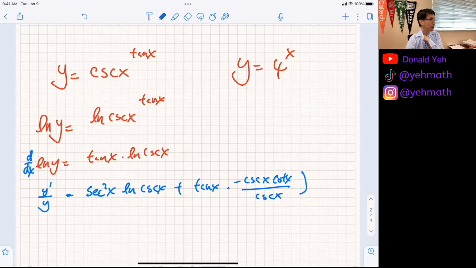Is that okay so far? What else? Can I cancel out tangent and cotangent? Because cotangent is 1 over tan, right? So that's equal to secant squared of x times the natural log of cosecant of x plus 1, or minus 1, sorry.